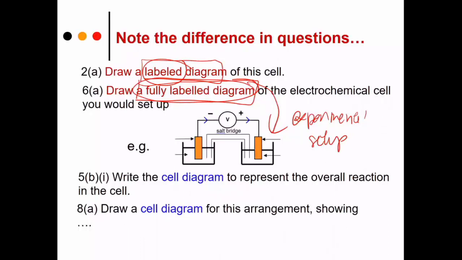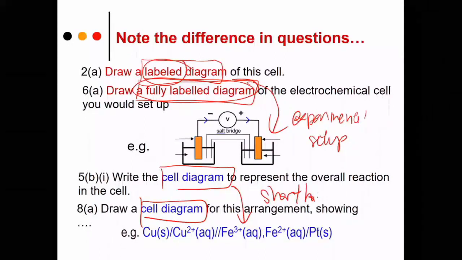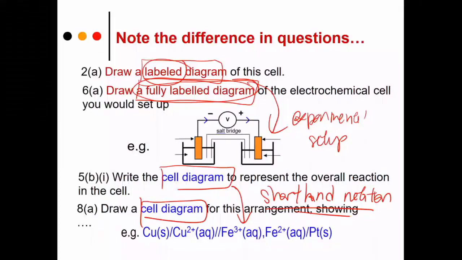Then, when the question asks you for a cell diagram, this is what you need to draw. This means that you need to give me the shorthand notation. So take note, there are different types of questions in your electrochemistry tutorial, and hence, read the question carefully before you give your answer.